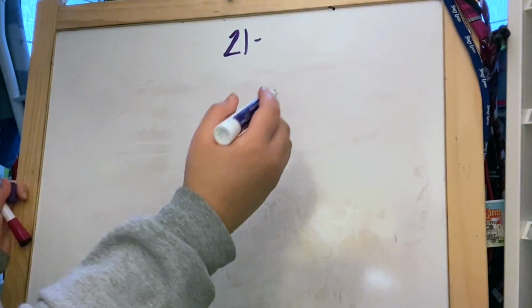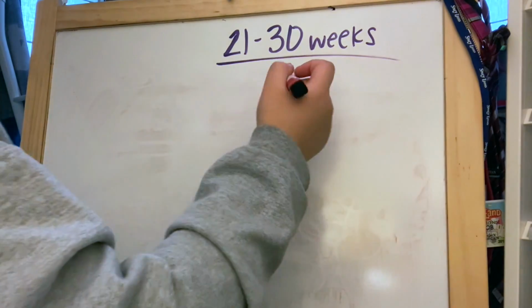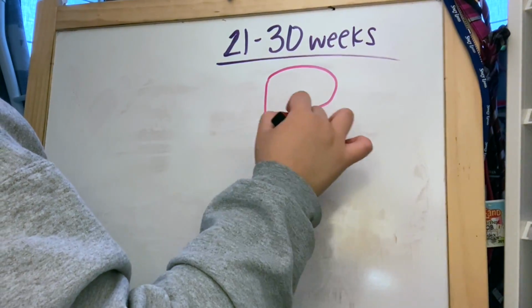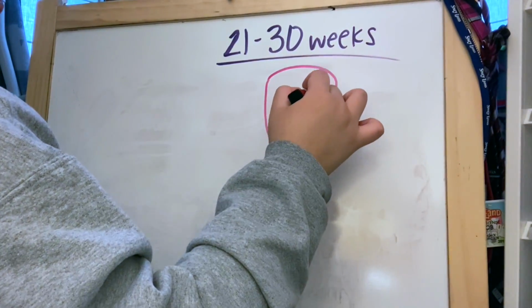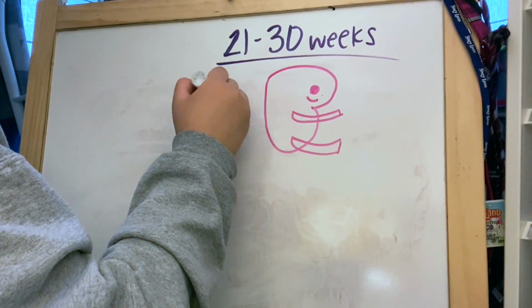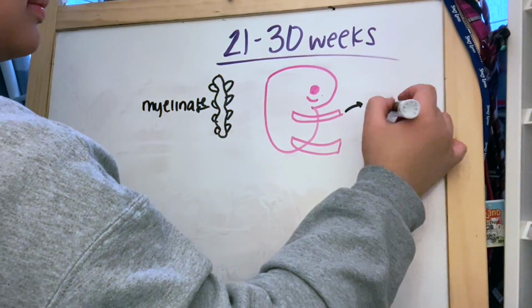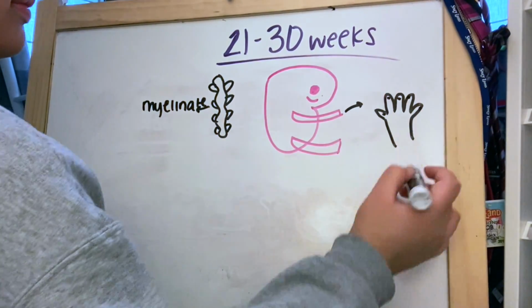So now we reach 21 weeks to 30 weeks of pregnancy, or about 6 to 7 months. This is where a huge weight spike occurs, so a majority of the weight gain happens at this time. So the baby is definitely getting bigger. The baby's spinal cord will begin to myelinate, and distal limbs will start to ossify. Fingernails and toenails will be complete as well.